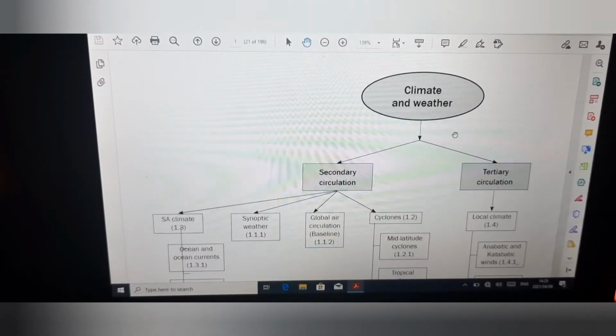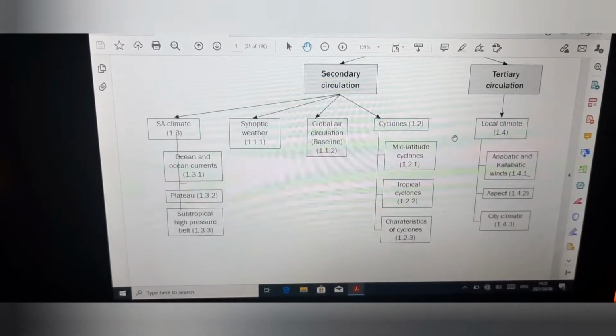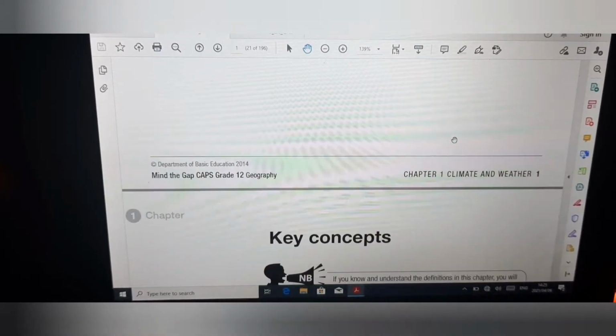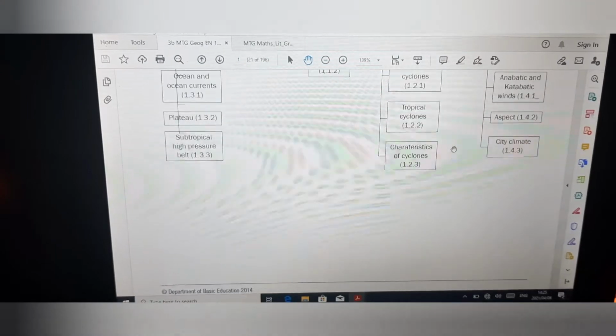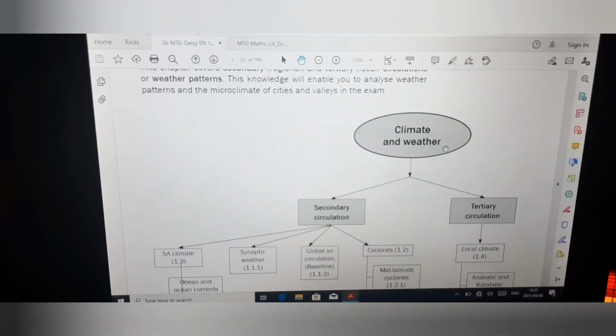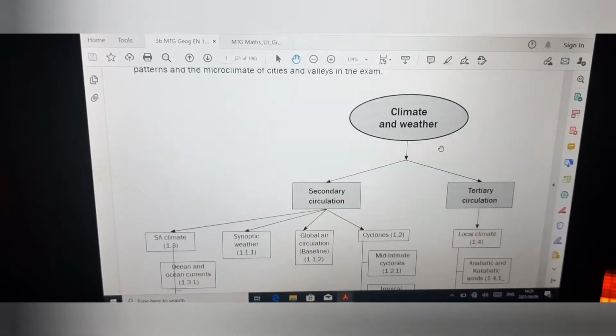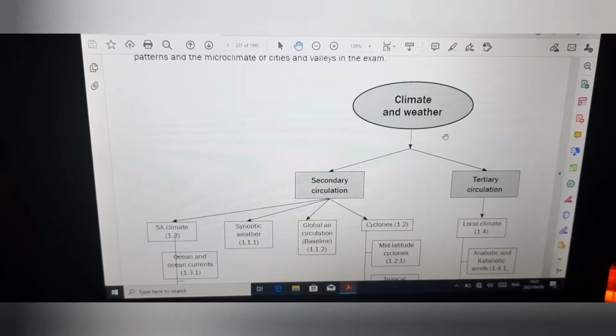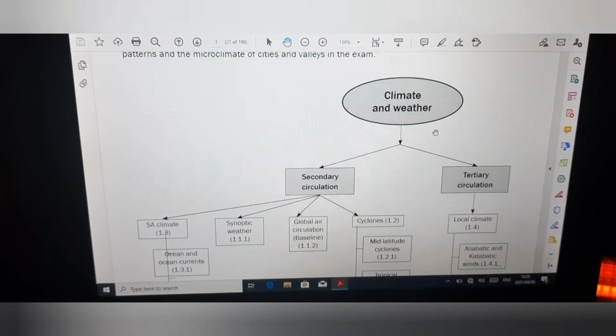So in this diagram, I'm not sure why they did not label it, but this diagram shows you the core unit, which is climate and weather.